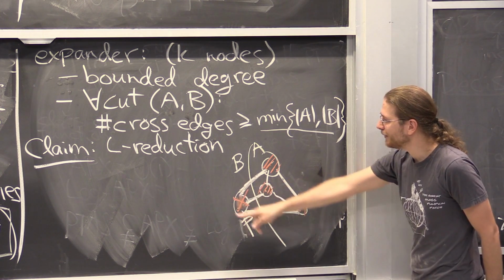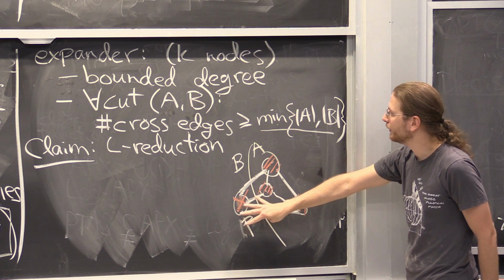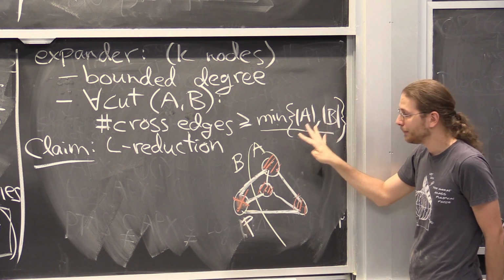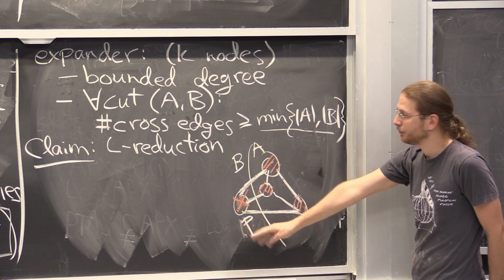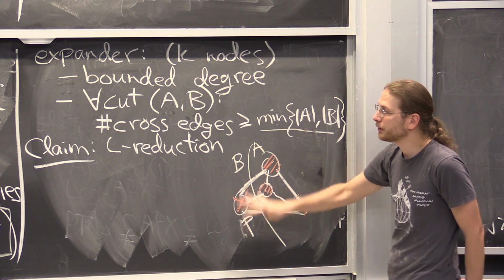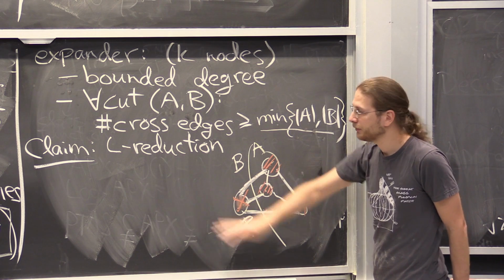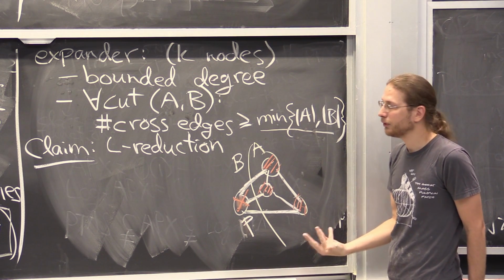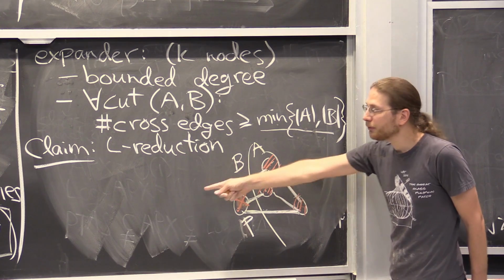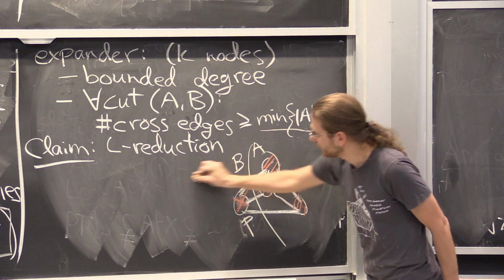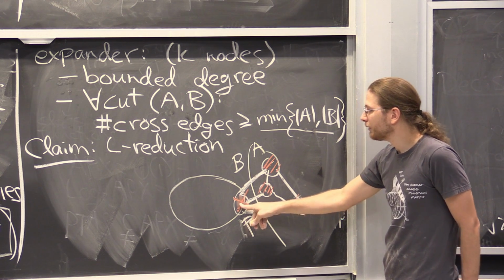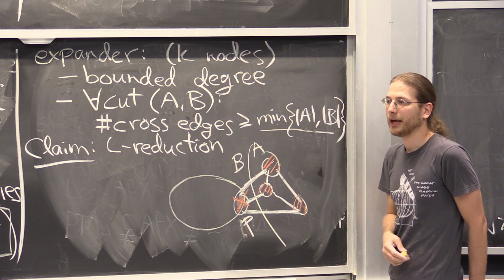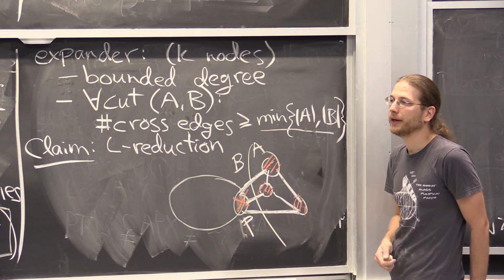Suppose there are B nodes on the smaller side and we recolor B nodes. So we get an improvement by B. And also we worsen things by up to B because these B nodes appear in B different clauses. Each one we potentially mess up is no longer satisfied. But for every one that we mess up, we also make at least one thing happy because we fix the cut.